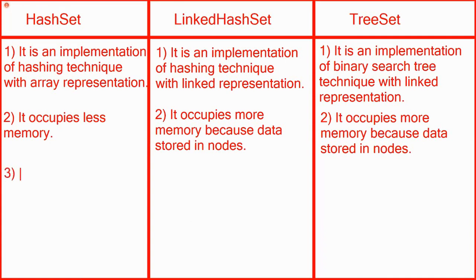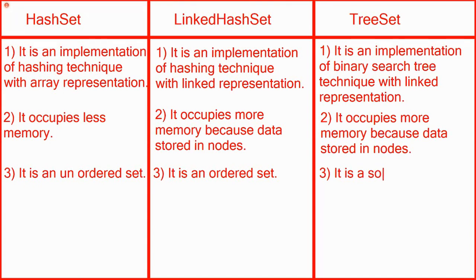Now, is it ordered, unordered, or sorted? Hash set is an unordered set. Linked hash set is an ordered set. Tree set is a sorted set.